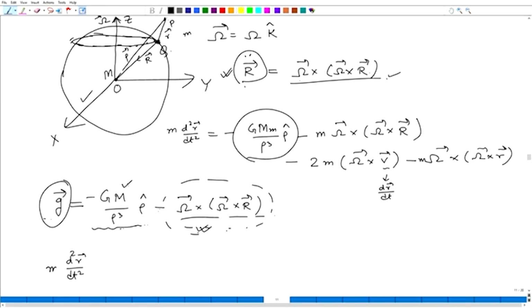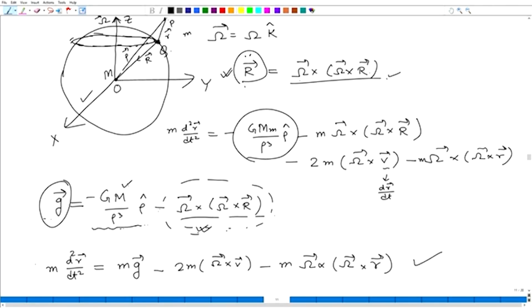then you can write this much more easily: it will be mg minus 2m omega cross v minus m omega cross omega cross r, small r. Now, you see that this is the acceleration of a particle with respect to an observer who is sitting on earth.